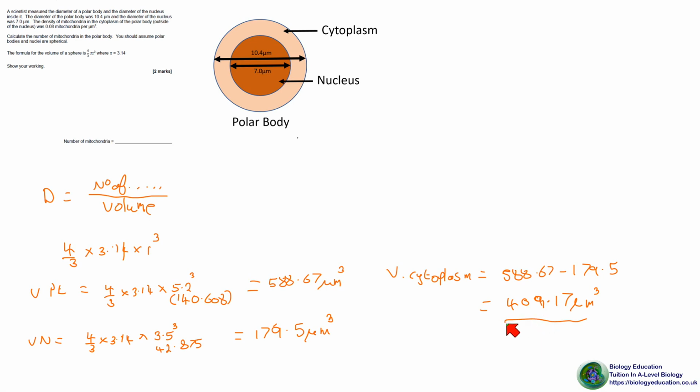If we go back to the density equation, we've got number of mitochondria divided by the volume. We are given the density, which is 0.08 per micrometer cubed. Now we have to get rid of that volume, because the units here are micrometers cubed.